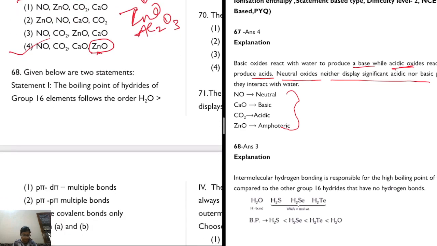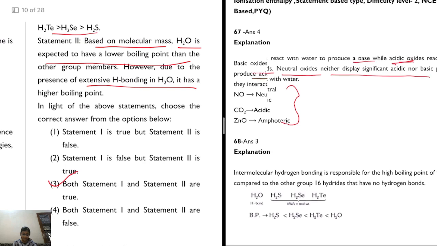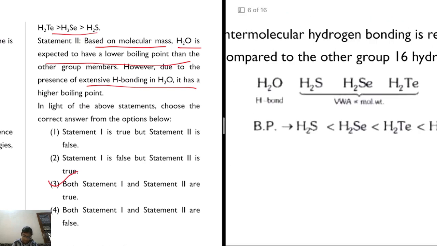Given below are two statements. Boiling point for hydrides of group 16 elements: H2O has the maximum, and then this. The second statement says based on the molecular mass, H2O is expected to have a lower boiling point, but due to the presence of extensive hydrogen bonding, see here both the statements are true. What happens is, H2O has hydrogen bonding, therefore it has the maximum boiling point, and then it would come here.